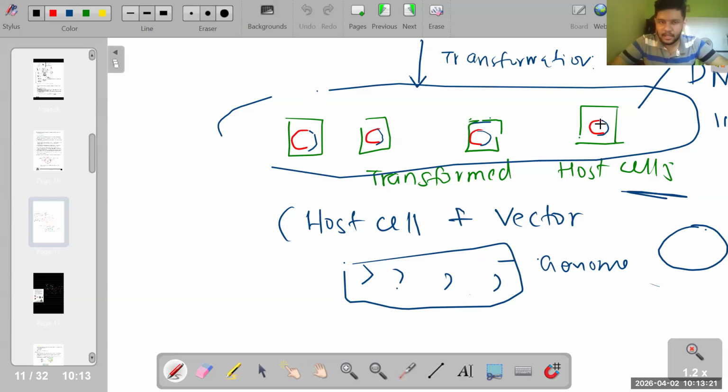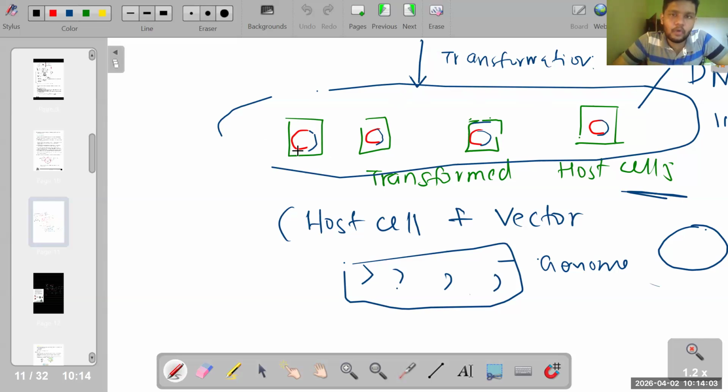Do we need this many host cells to preserve that DNA? All have the same DNA. No. So instead, we can take one host cell and keep the DNA preserved.